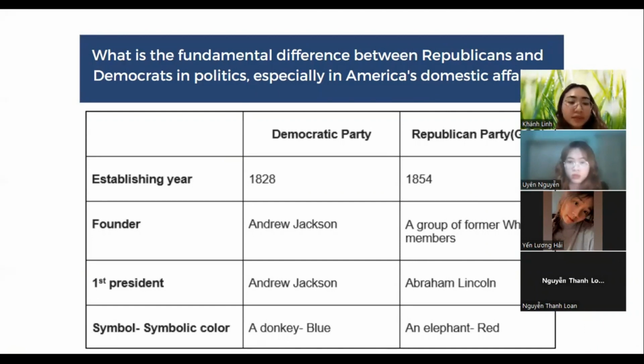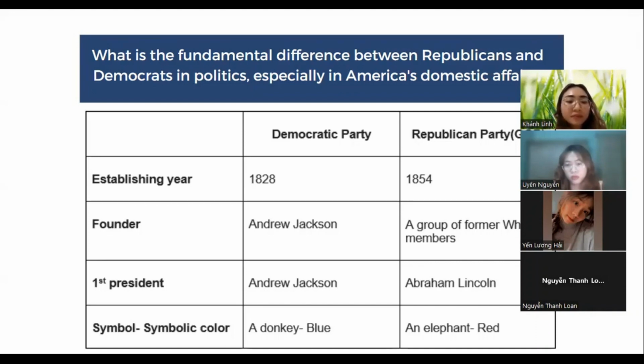The current Democratic Party was founded by Andrew Jackson and his supporters in 1828. He was the president of the United States from 1829 to 1837. And until now, Americans consider Andrew Jackson to be the first Democratic president of the United States.